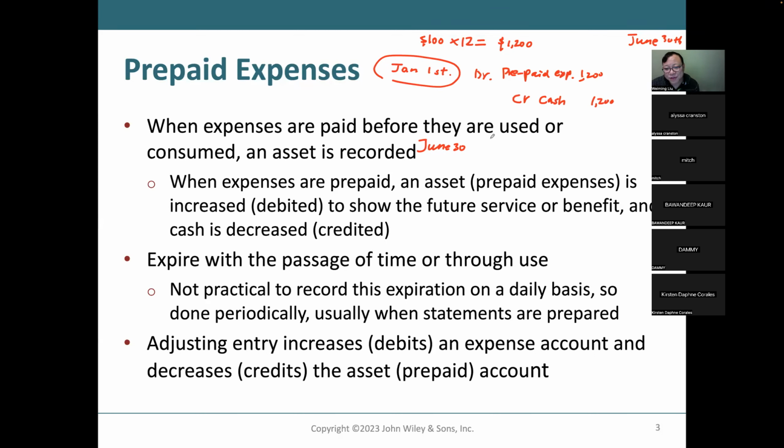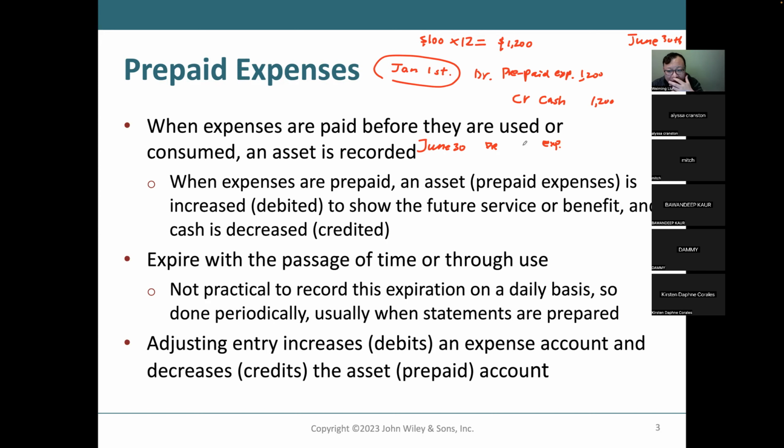So you should debit some expenses. What do you debit? You should debit subscription expenses because you used the magazine subscription, and you already consumed 6 out of 12, right?